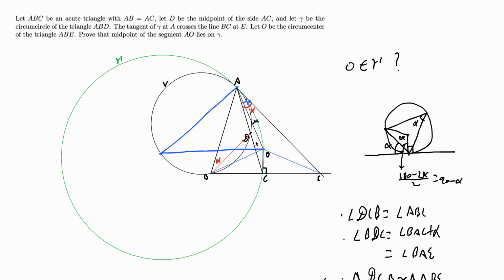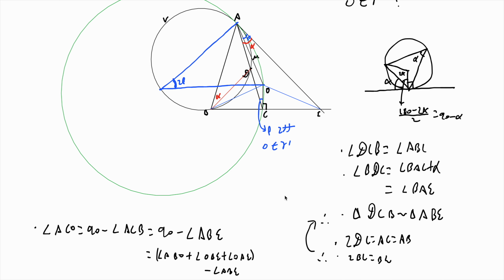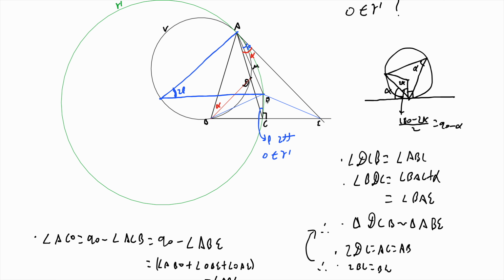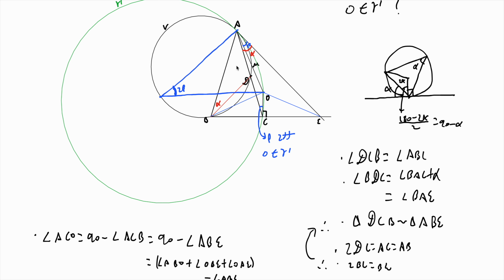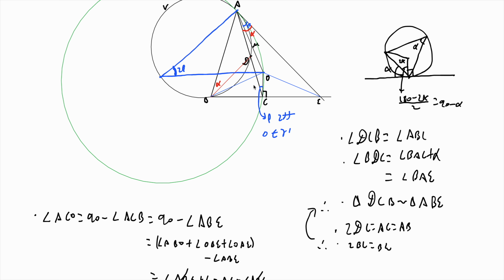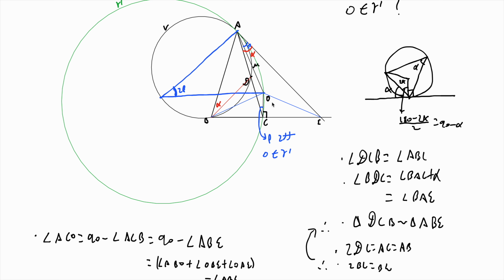This is 90 minus beta, which means this should be 2 beta. Now, this angle right here is beta if and only if, but notice that OCA is ACO, so this angle is the same as OAE.